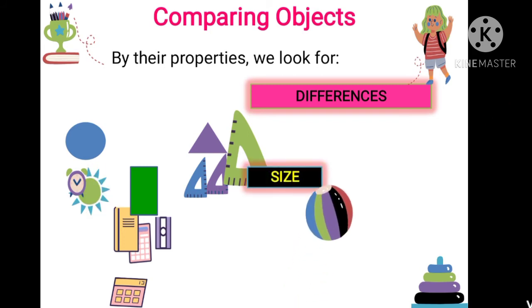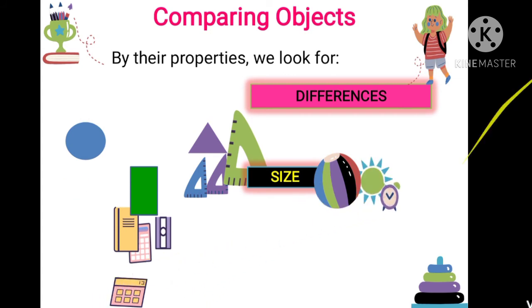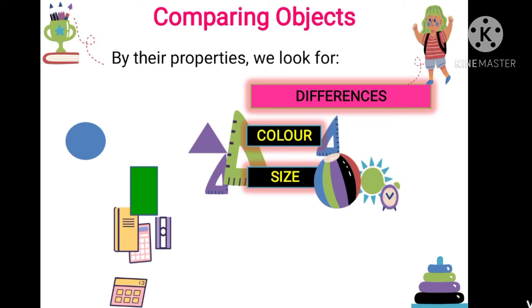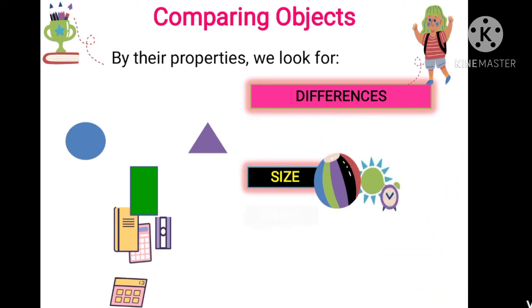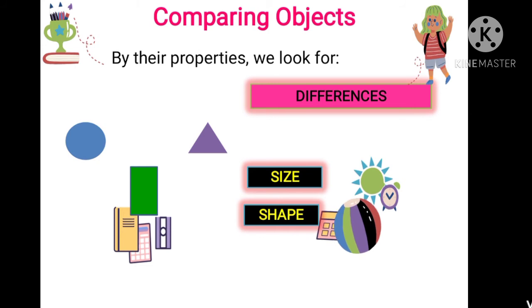If we talk about size, there are big, medium, and small. Based on the difference in color, there are one color and colorful. And by the difference in shape, like a rhombus and a circle.